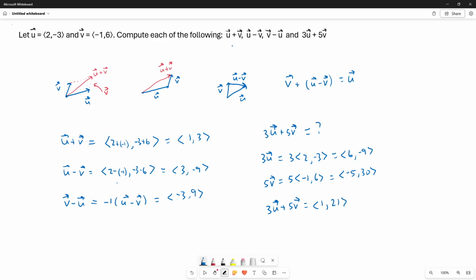So that's vector addition, subtraction, and this one is called a linear combination. They're all linear combinations, but in general, a linear combination is a mixture of a scalar multiple and an addition. So this is a linear combination of the vectors u and v. These are all linear combinations of u and v.